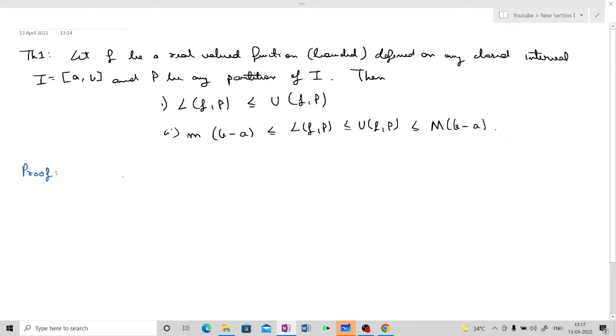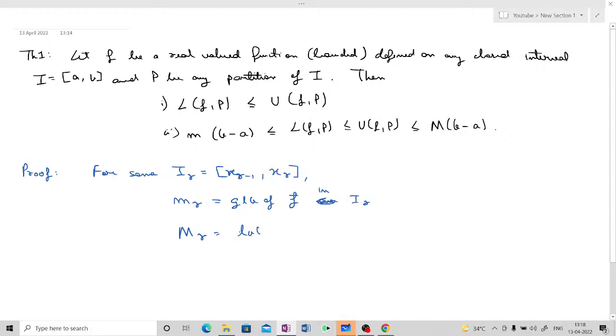The first thing which we need to understand here is that we have already discussed it in the previous lecture, that for some interval I_r, which is [x_(r-1), x_r], you have small m_r given as the GLB of f in I_r, and capital M_r is the LUB of f in I_r.